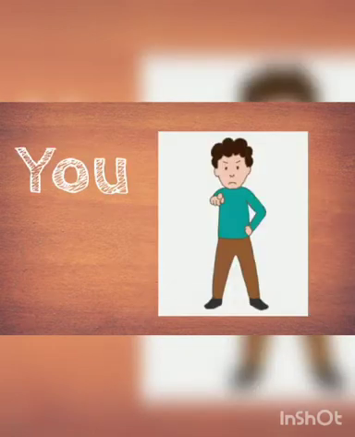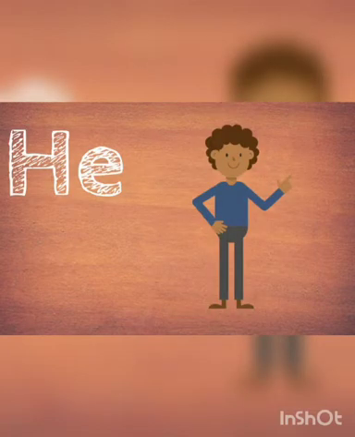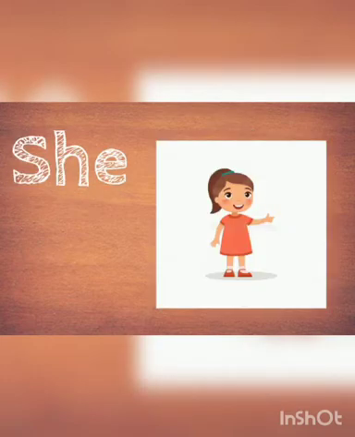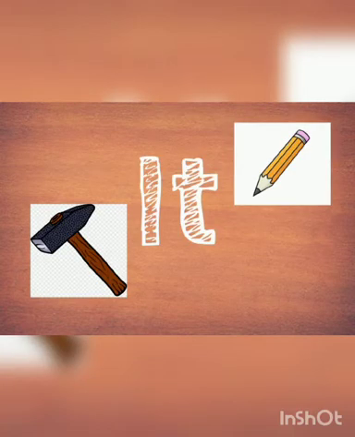Then you, meaning तुम. And then he, वो. When we are talking about third person, we use he, and he is used for a boy. And she is used for girl and also third person. It is used for things like pencil, hammer. So these are the pronouns which we use in place of nouns in a sentence.